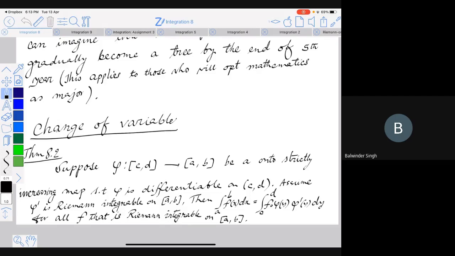I will have to get some form like upper sum minus lower sum of f of phi y times phi prime y, that is, f composed with phi, times phi prime of y. So the point is here, you are right that another pi, another partition, is coming into the picture.